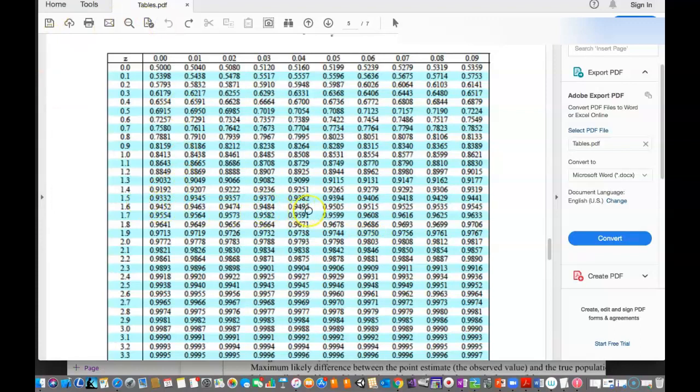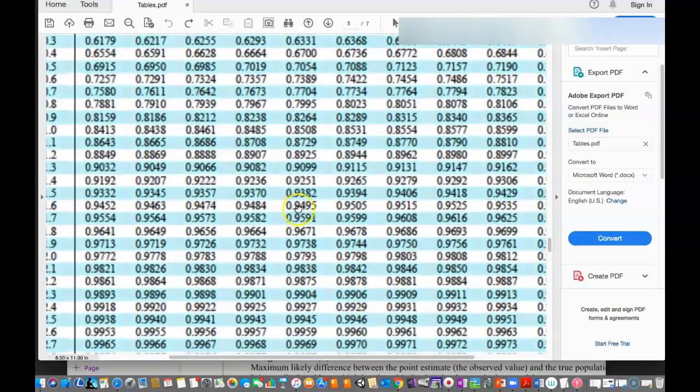What I have here, I should have area. So area is in the body of table, I should have 95%. Here we have 0.9495, and this is 0.9505. What that means, in between these two, I have 0.95.